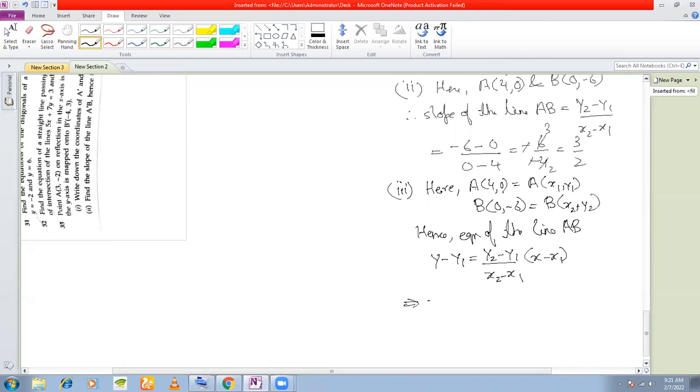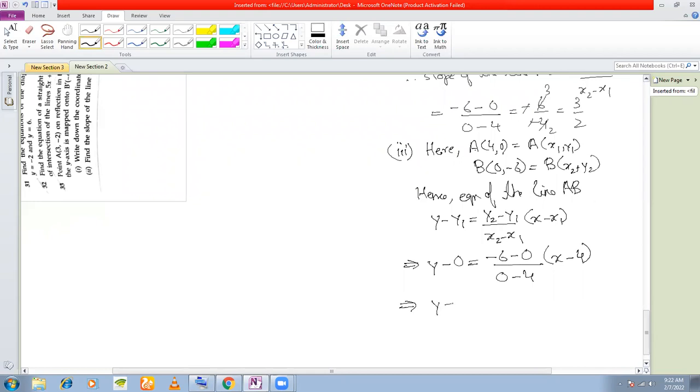Put the values. y minus y1 is equal to y2 minus y1, which is 0 minus x1... y2 is minus 6, y1 is 0, x2 is 0, minus x1 is 4, into x minus x1, which is 4.